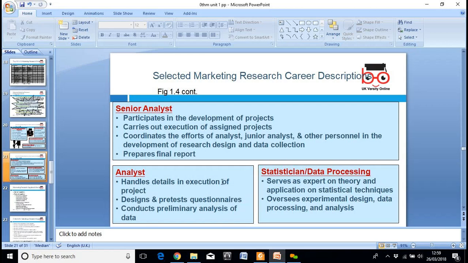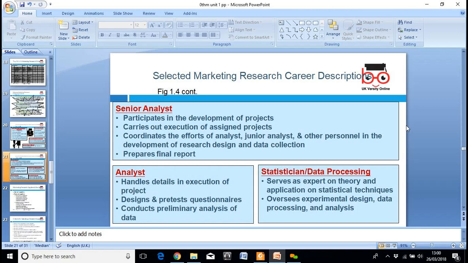And the analyst who handles the details of execution of projects, and he designs and presents questionnaires and conducts preliminary analysis of data. That is the person that actually goes out on the road and collects that information and gets that data together. Sometimes research is not sitting behind a computer and getting information and data together. It means actually getting out there on the road and finding out that information.